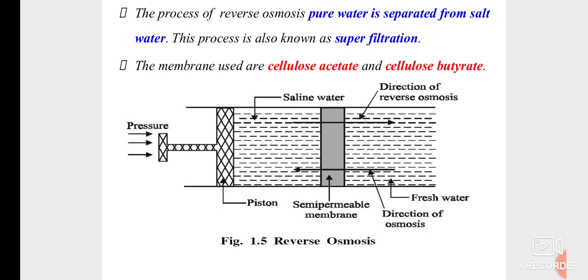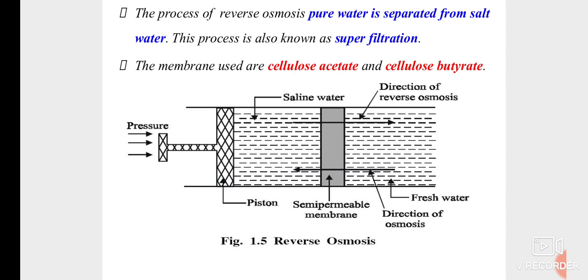Now we apply hydrostatic pressure, that is osmotic pressure or external driving force, from the higher concentration side, that means the saline water side, with the help of the piston. With the help of the piston we give the hydrostatic pressure from the saline water side, that means the higher concentration side.